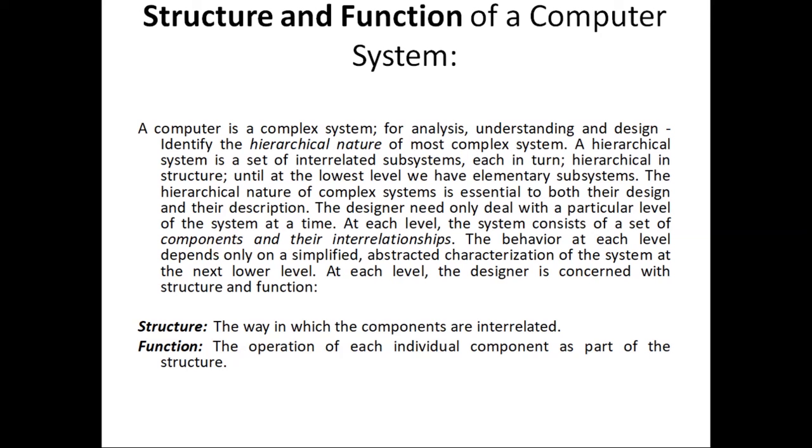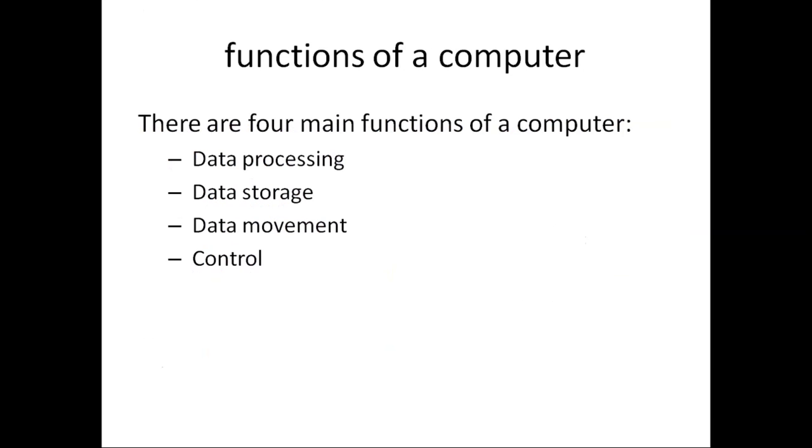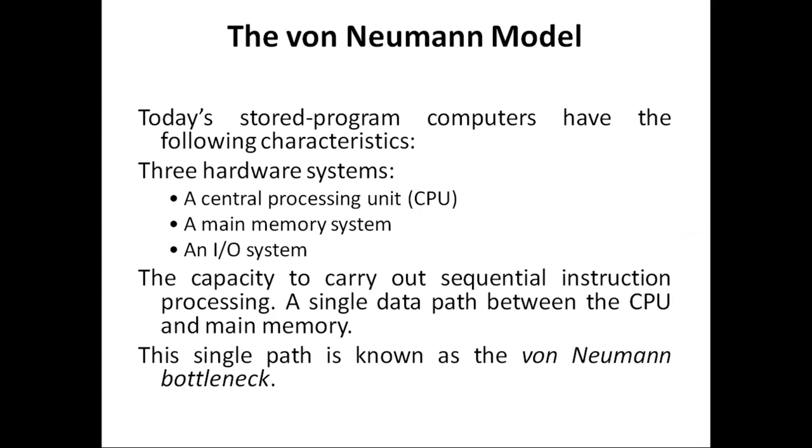Function is the operation of each individual component as part of the structure, right? Then coming to the function of a computer, a computer has the following four main functions: data processing, data storage, data movement and control. So we can see one model, the Von Neumann model, or the IAS model. IAS means the Institute for Advanced Study.